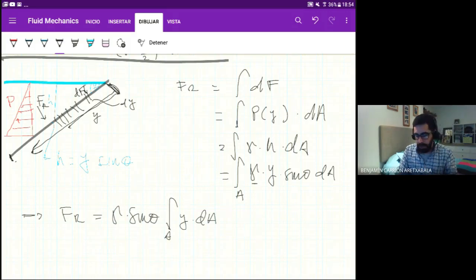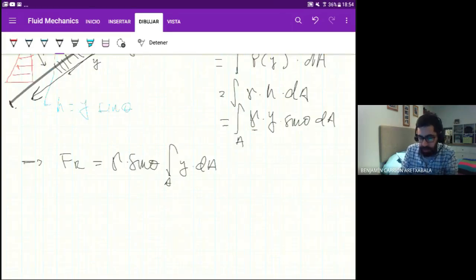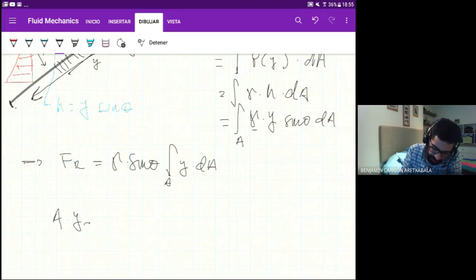If you remember, the integral of a coordinate over the area is a measure of a weighted average. The definition of a centroid is that if you have an area and you multiply by the centroid, this is the same as integrating the coordinate over the area.